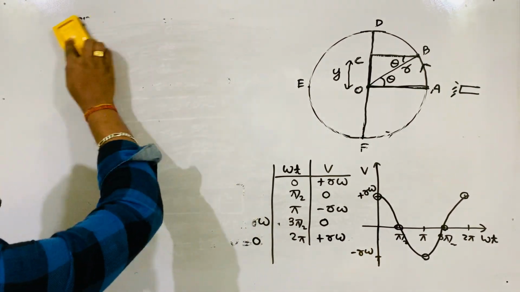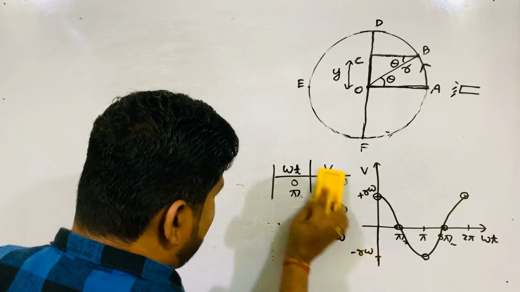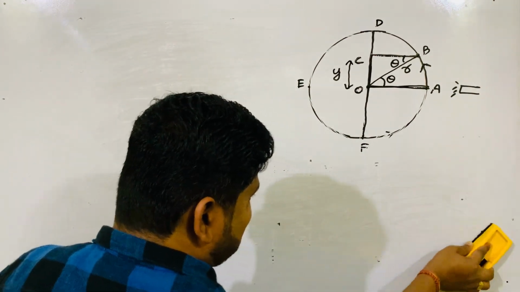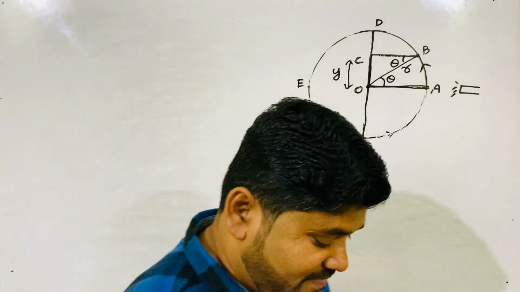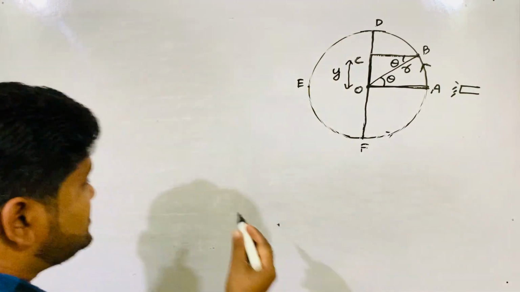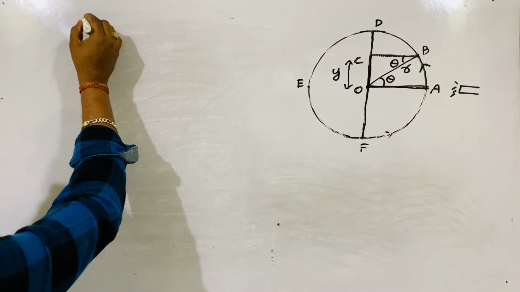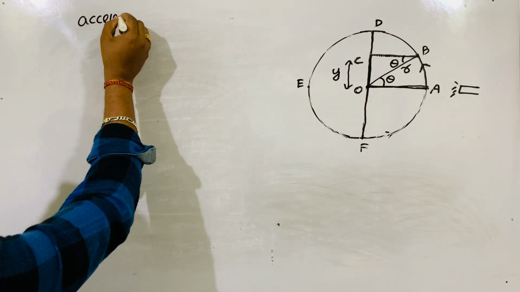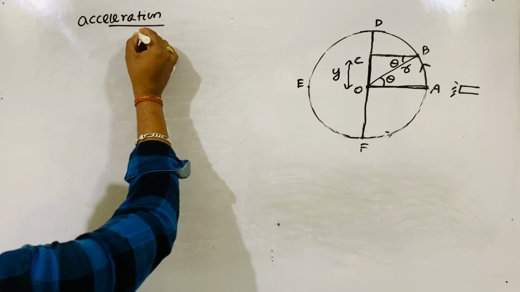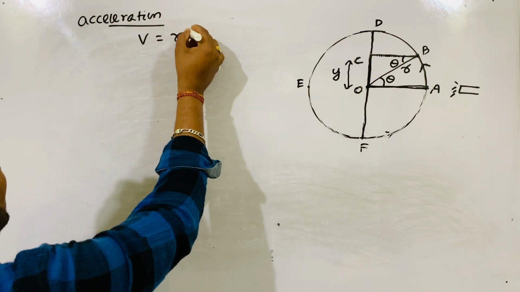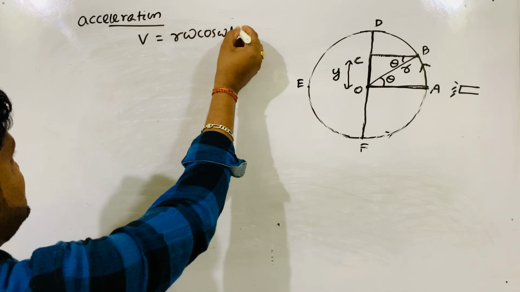Next, we must find acceleration. Now the acceleration part is coming to your mind. So let's do the acceleration part. How will we find acceleration? Velocity we got r omega cos omega t.